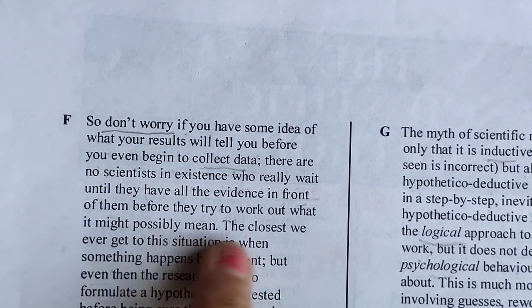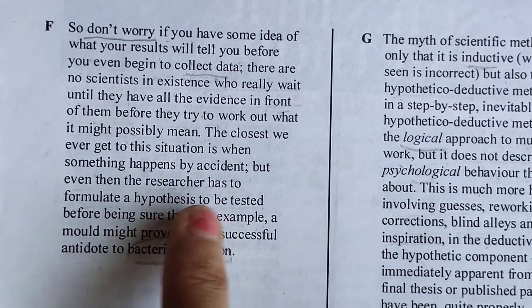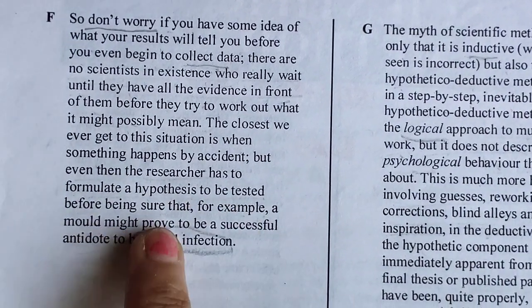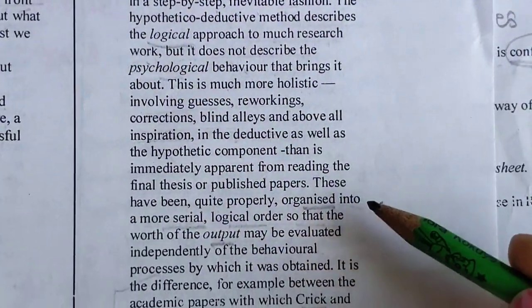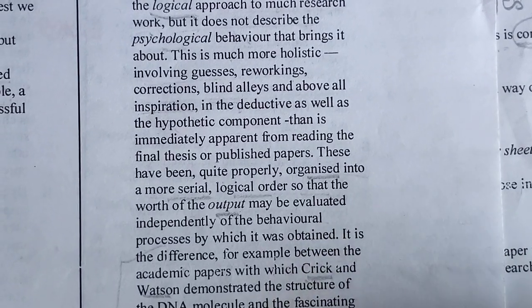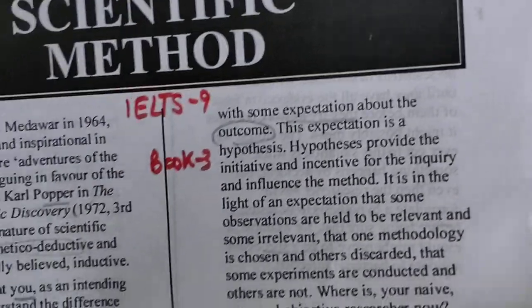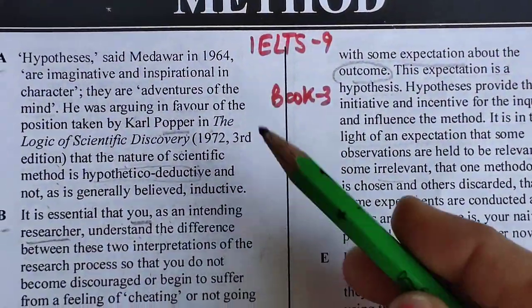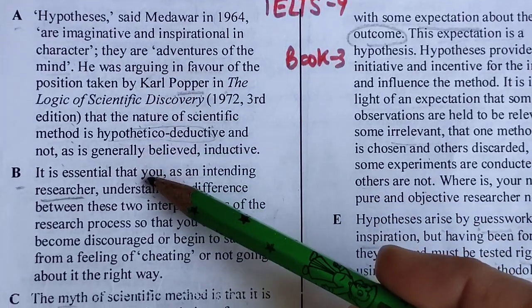In the last paragraphs we have read, the researcher has to formulate a hypothesis to be tested. For example, in Greek, so definitely this is not the given answer, because I have not read anything like many people anywhere in this passage.